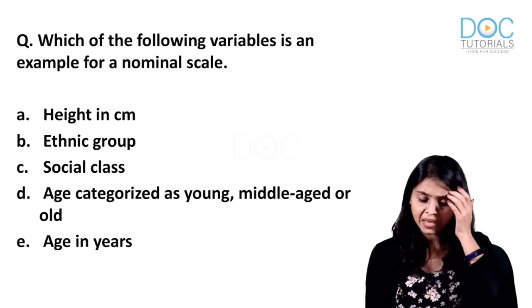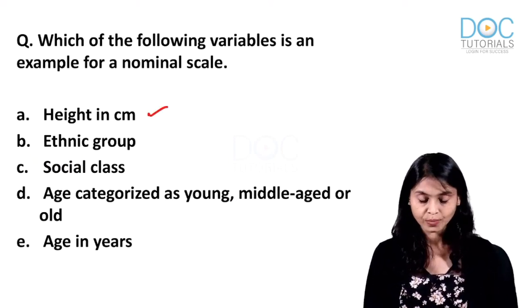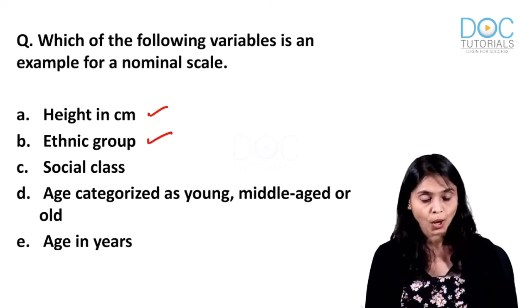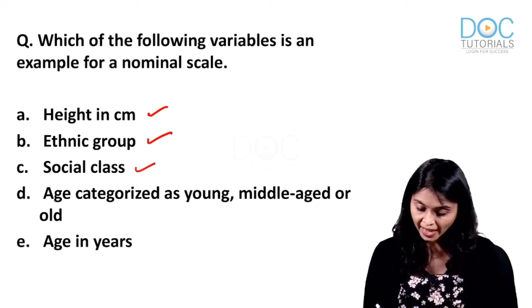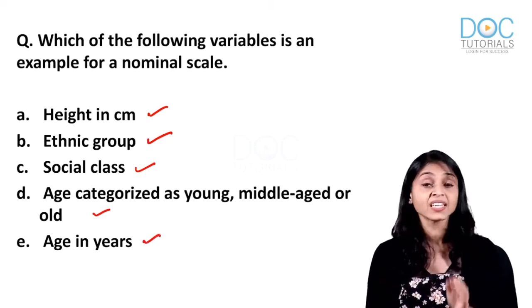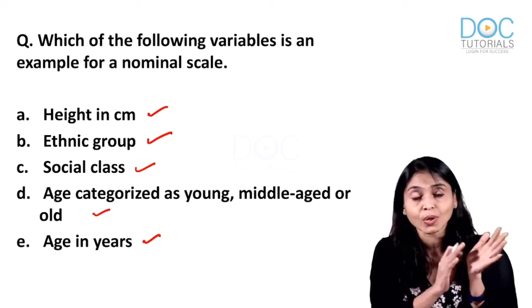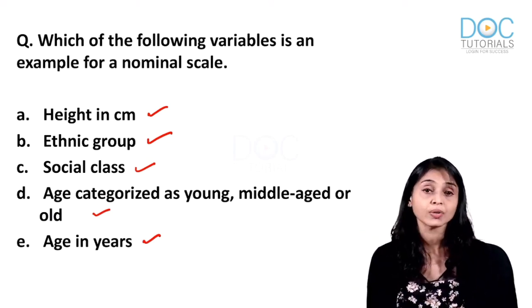Which of the following variables is an example of nominal scale? Height, quantitative, continuous. Ethnic group, that is nominal. Social class, ordinal. Age categorized as young, middle, old, again, ordinal. Age in years, by the way, is age continuous or discrete? This was also a question. What do you think? Of course, it is quantitative. Continuous or discrete?